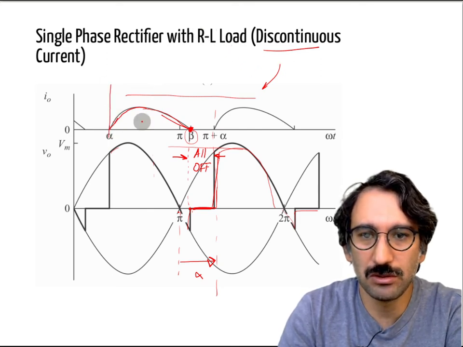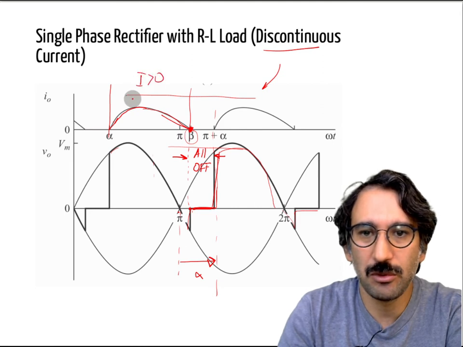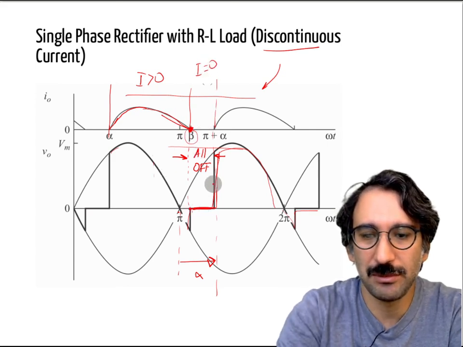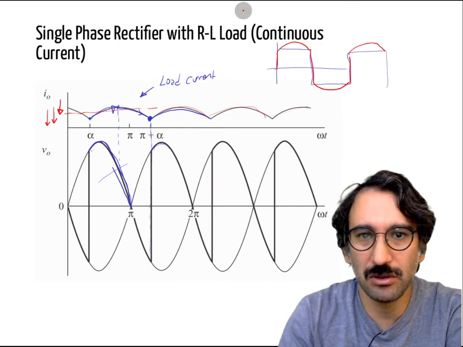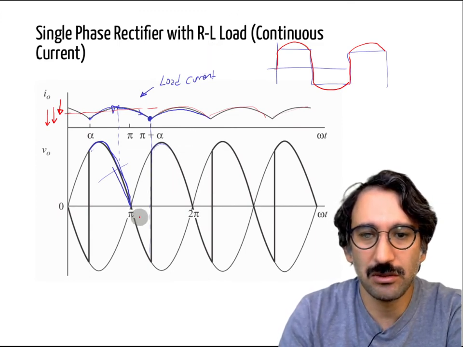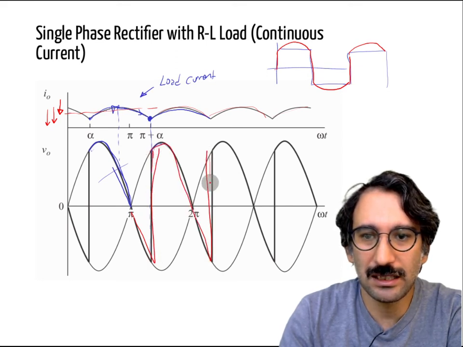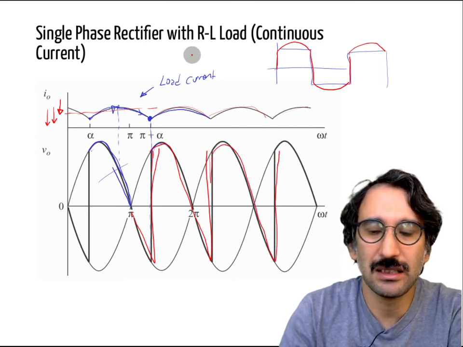So on the load, I have some positive current for some region, and I have some zero current. And because of that jump, if you look at the characteristics of the continuous current and discontinuous current for the output voltage waveform, for that the output voltage is exactly again same as the ideal current source.